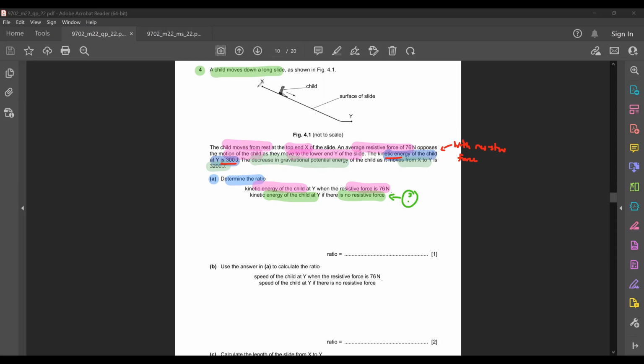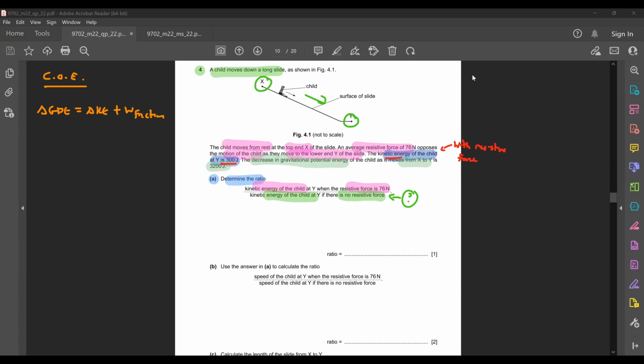Now just consider this. If the child is moving from X to Y in this direction here, according to conservation of energy, the decrease in GPE equals the increase in KE plus work done against friction.